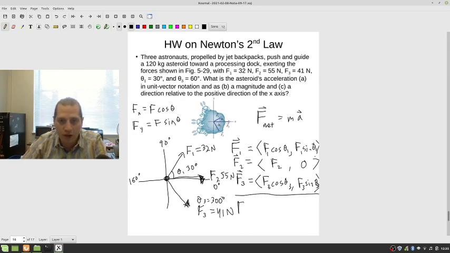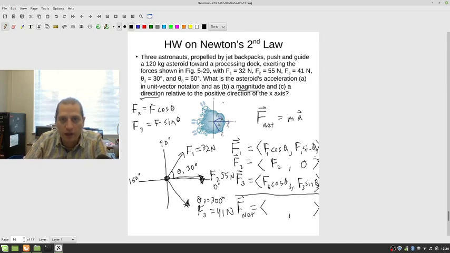And then if I want to find my F net, that's all of the external forces acting on this block. To get the x component, I'm going to add up all of these x components. To get my y component, I'm going to add up all of these y components. Notice one of these is going to be positive, one of them is going to be negative. And then it asks me for a magnitude and a direction of the acceleration. Well, what am I going to do?